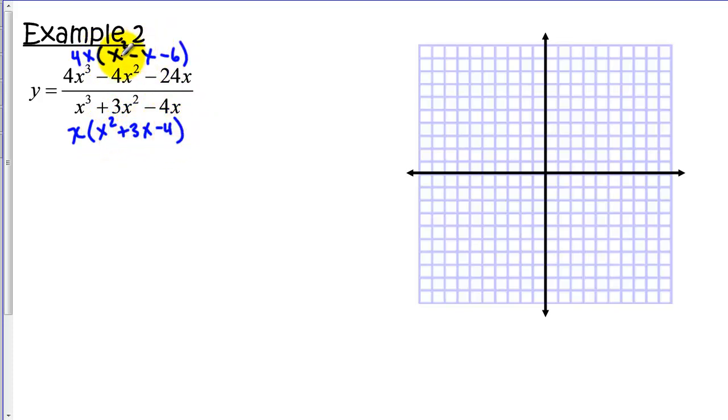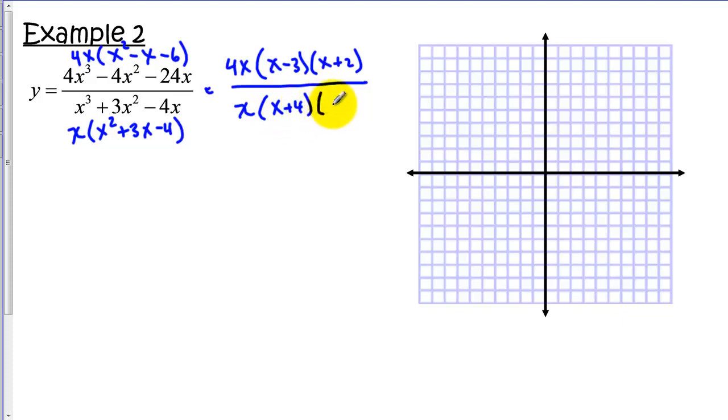And now we need to factor each of those quadratics. So on the top, we've got our GCF. And now we've got x minus 3 times x plus 2. And in the denominator, we've got x times x plus 4 and x minus 1.